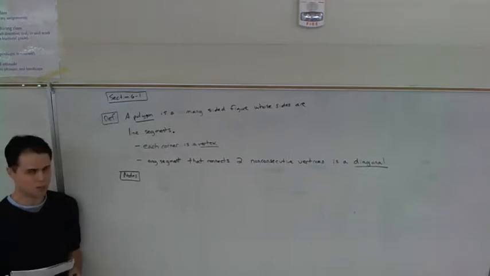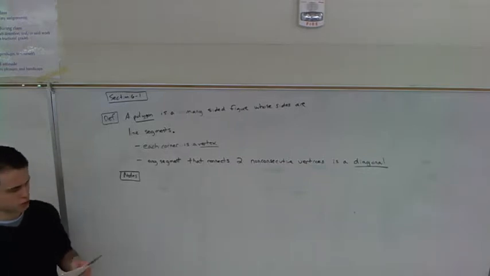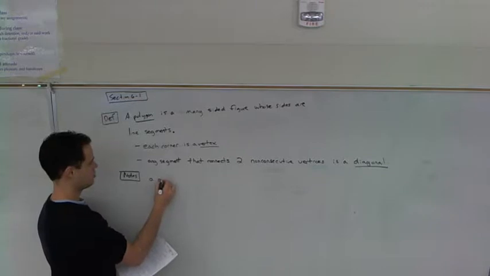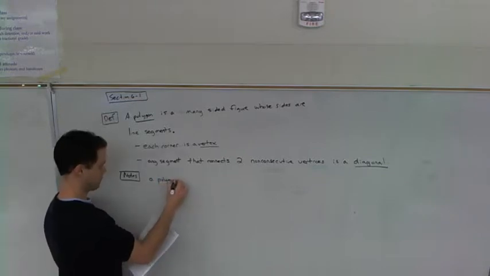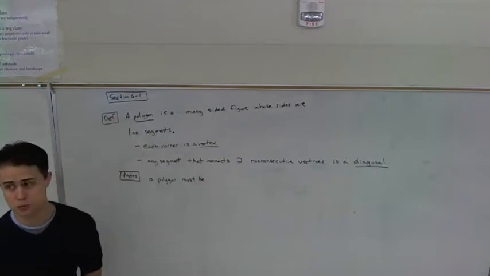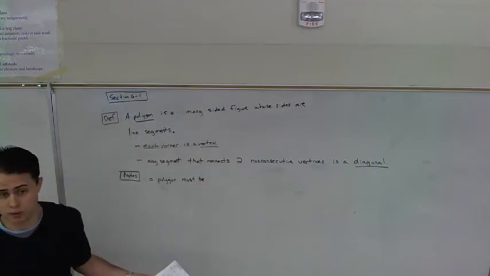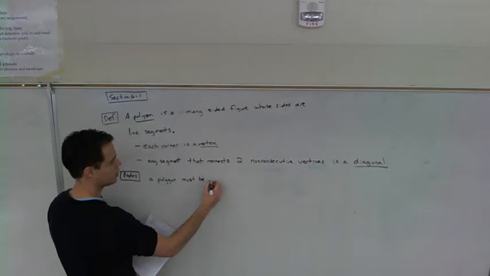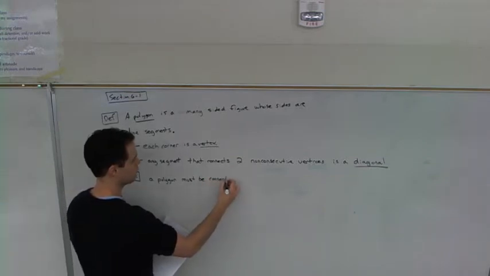Okay, so just a couple notes that go with the definition. So a polygon, here's some things that it has to have to be a polygon, because not any shape is a polygon. A polygon must be connected.